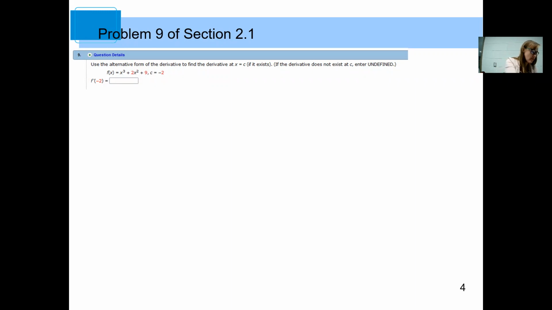The alternative form is that f prime of c, looking at a specific value of x, in this case c, is going to be equal to the limit as x approaches c of f of x minus f of c over x minus c. I've already jumped in and put -2 in for c.